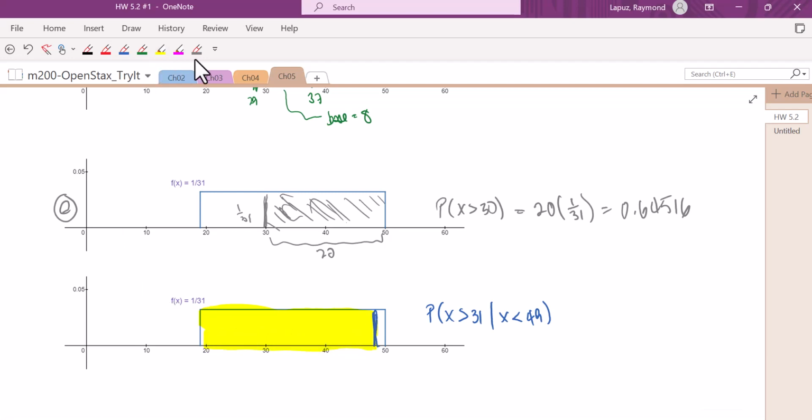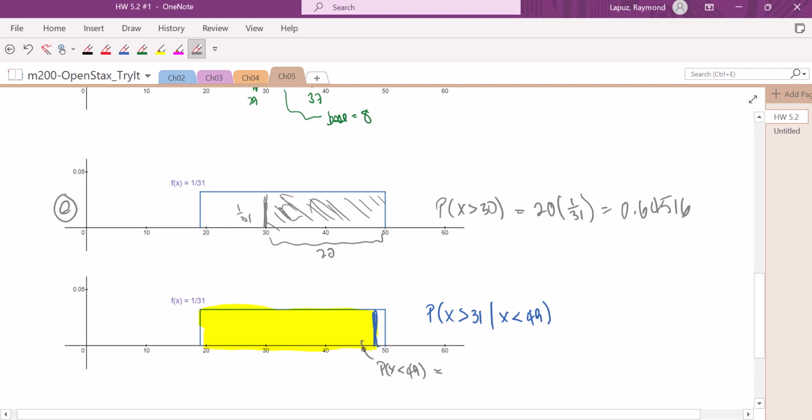And the part where you get the probability that x is less than 49 is going to be your new denominator.